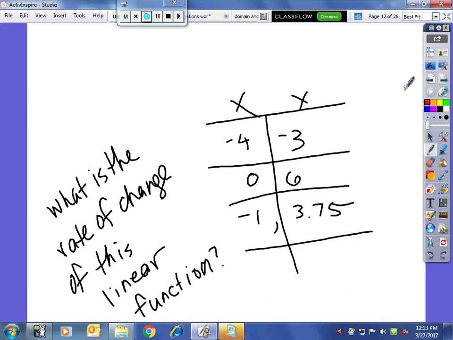Okay, what is the rate of change of this linear function? First of all, are you told what kind of function it is? Yes, it's linear. Where do you go when you are given points? Stat, edit, stat, calculate. And yes, somebody pointed out we do know the y-intercept. What is it? 6.